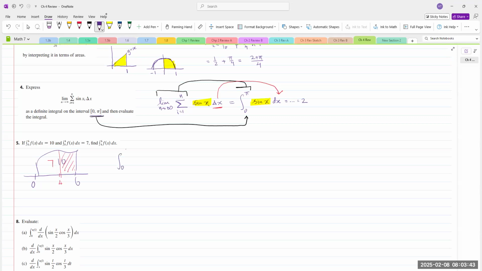The integral from 0 to 6 of f(x) dx is equal to the integral from 0 to 4 plus the integral from 4 to 6.